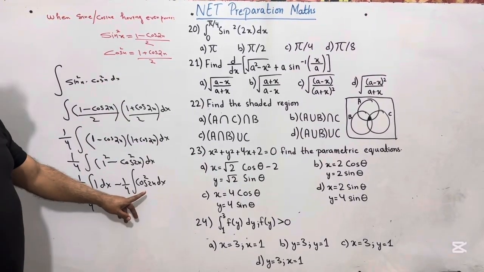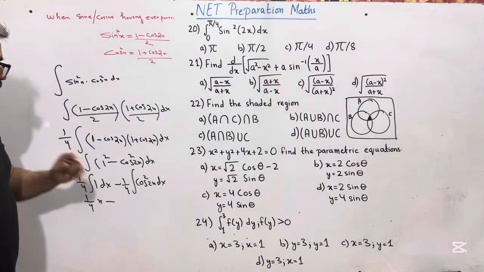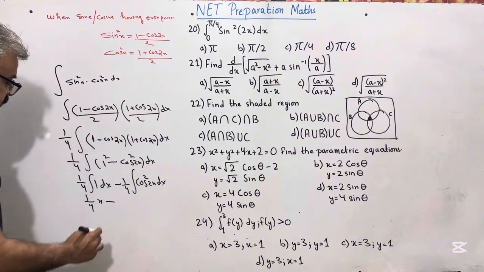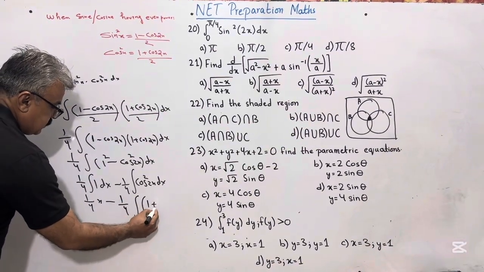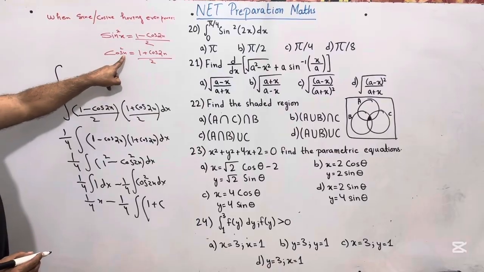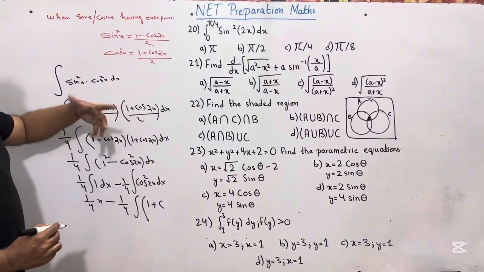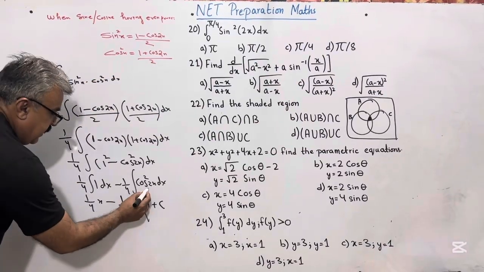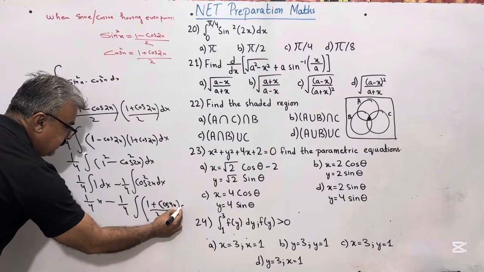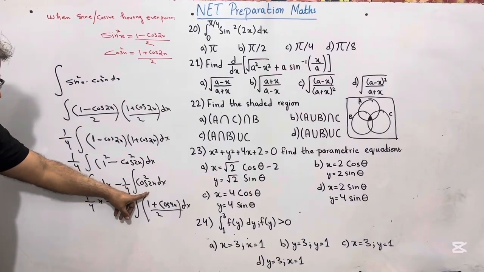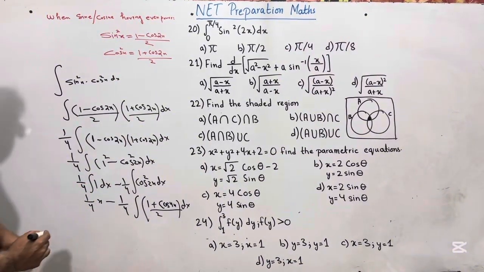Look here, again we have the same situation, cosine having even power, so again we utilize the same formula. 1 plus cos of double the angle: cos square 2x turns to be 1 plus cos 4x over 2.